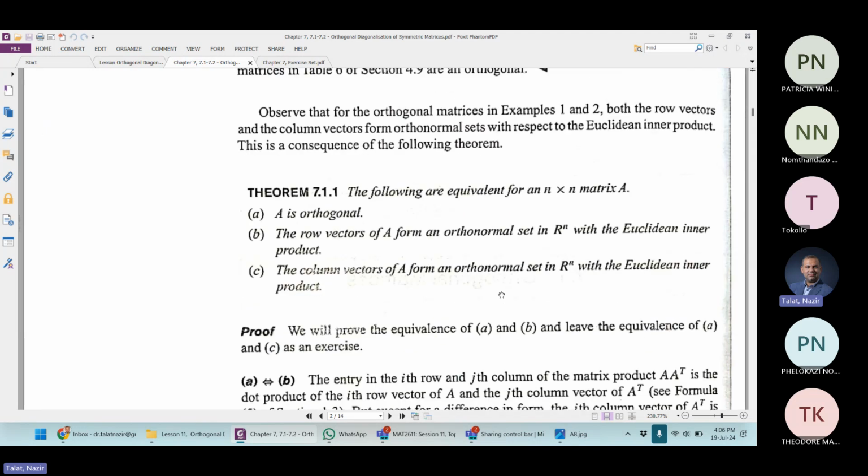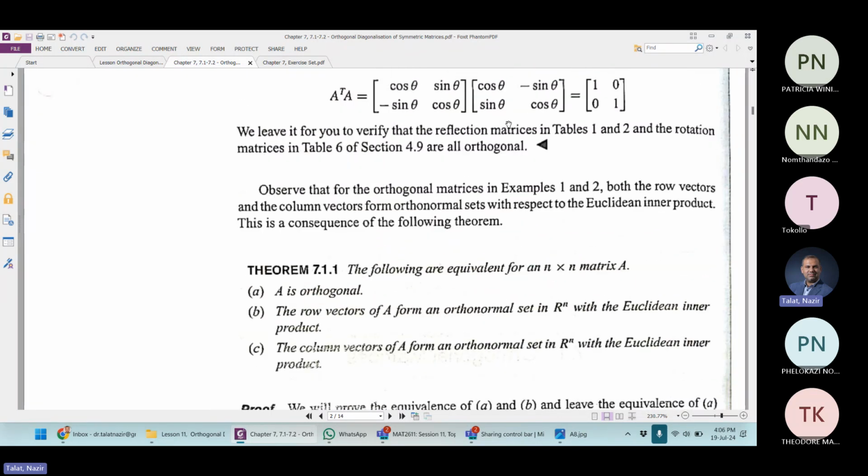We can see another useful result: the following are equivalent for an n cross n matrix. Remember that the matrix A must be a square matrix. If A is an orthogonal matrix, then the row vectors of A form an orthonormal set in Rn with the Euclidean inner product, meaning the inner product we are using in Rn. Orthonormal means that when you multiply a row with itself you get one.